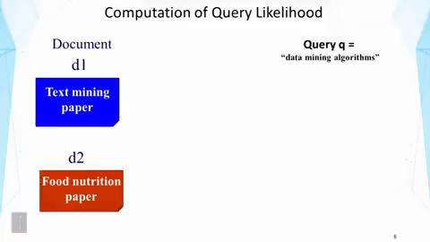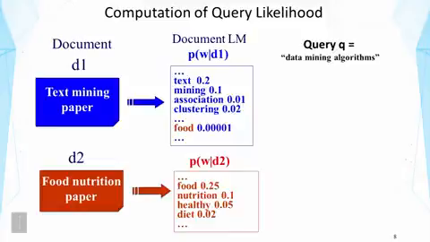So how do we compute this query likelihood if we make this assumption? Well, it involves 2 steps, right? The first is to compute this model. And we call it the document language model here. For example, I've shown 2 possible language models here estimated based on 2 documents.